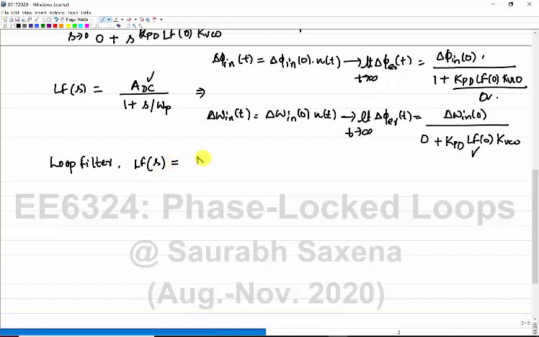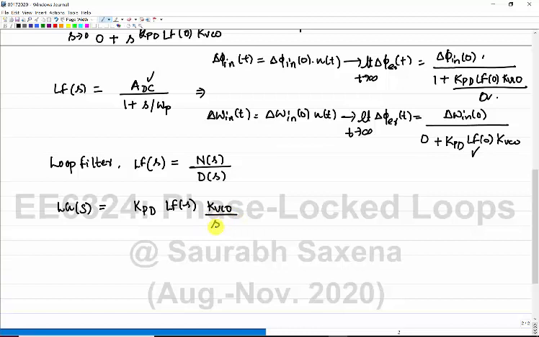Let me say you have a loop filter with a numerator and denominator written in the Laplace domain. Your loop gain of the PLL, for the block diagram shown on the previous page, is going to be KPD times loop filter of S times KVCO by S.